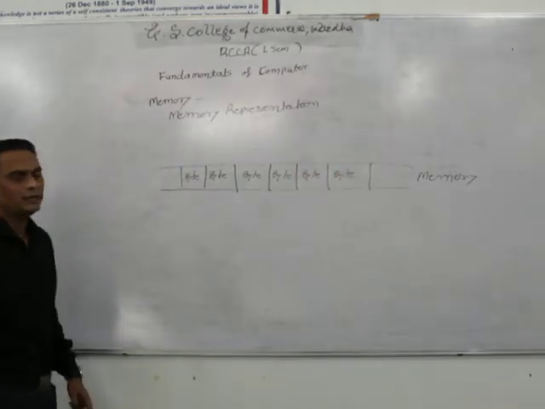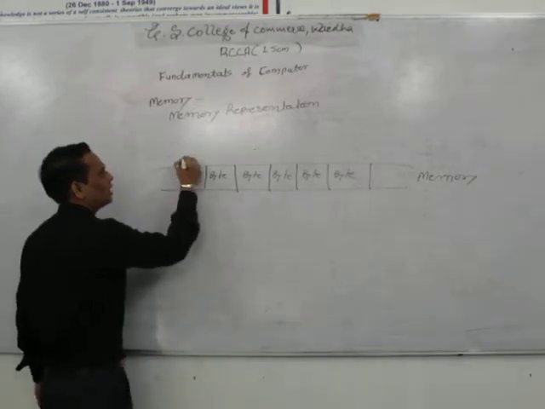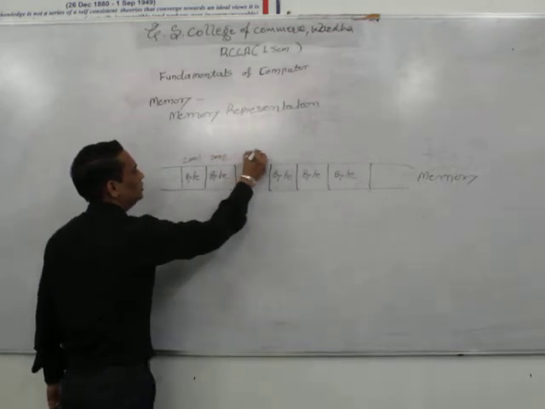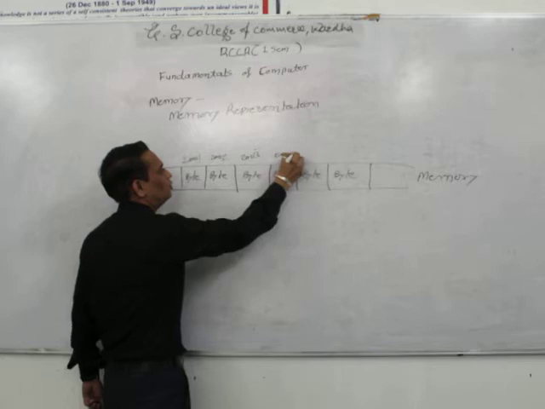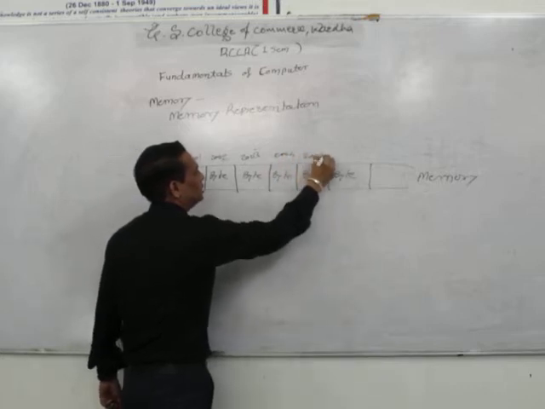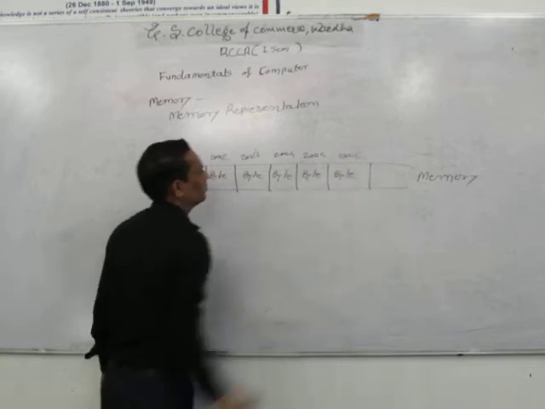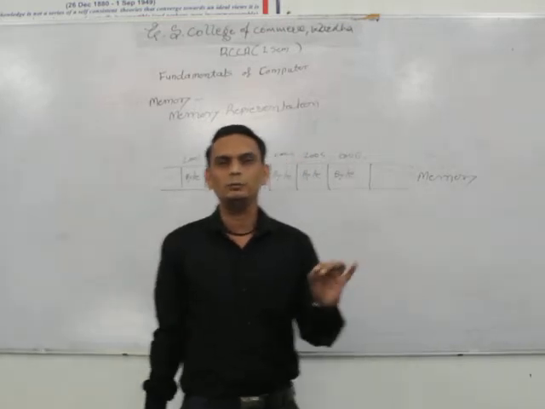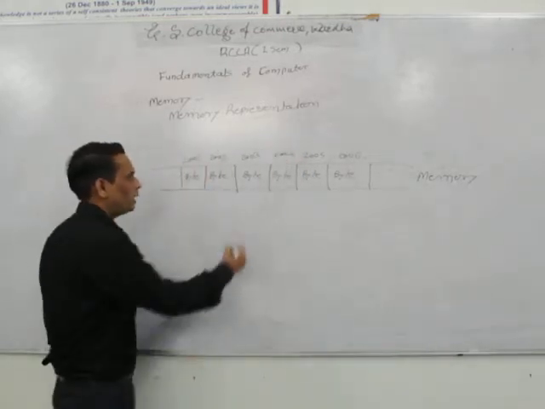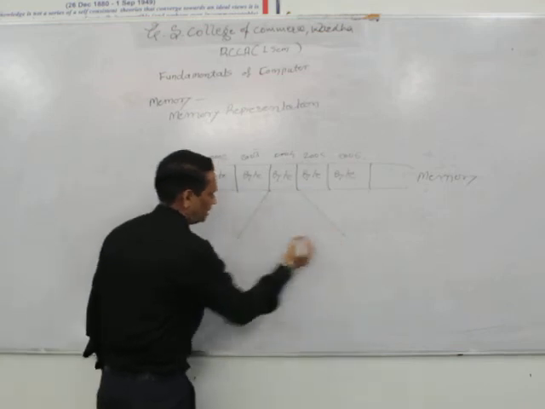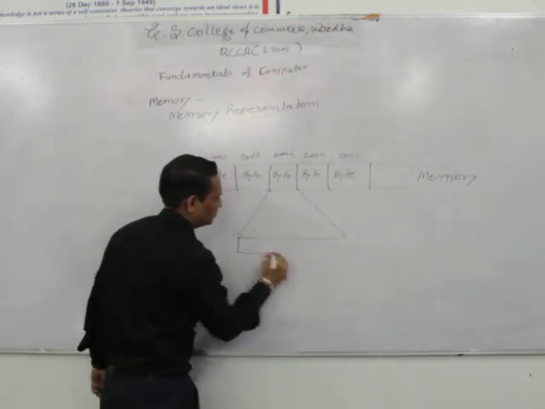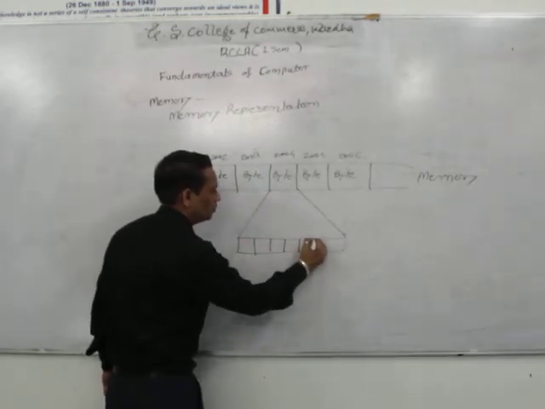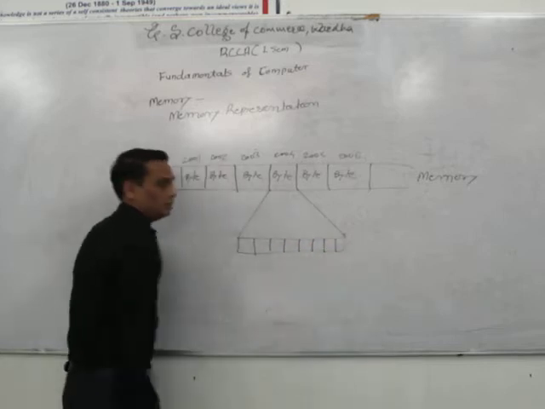And each byte has an individual address, just like 2001, 2002, 2003, 2004, 2005, 2006. Let's consider these are the numbers which represent a particular memory byte, and each byte is again divided into 8 bits: 1, 2, 3, 4, 5, 6, 7 and 8.